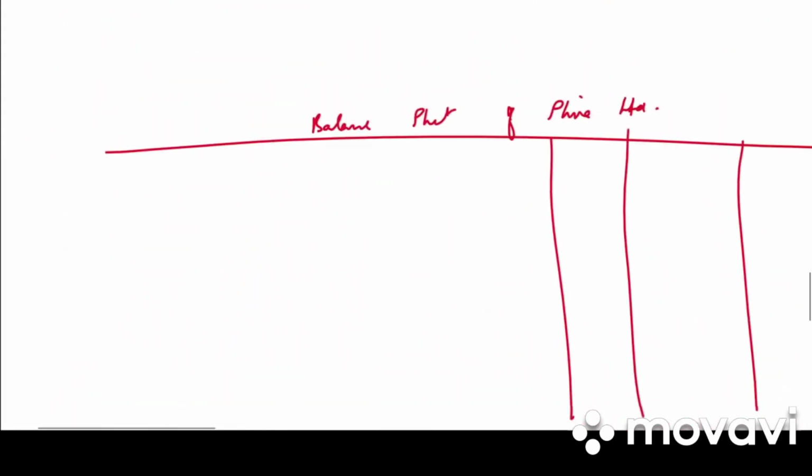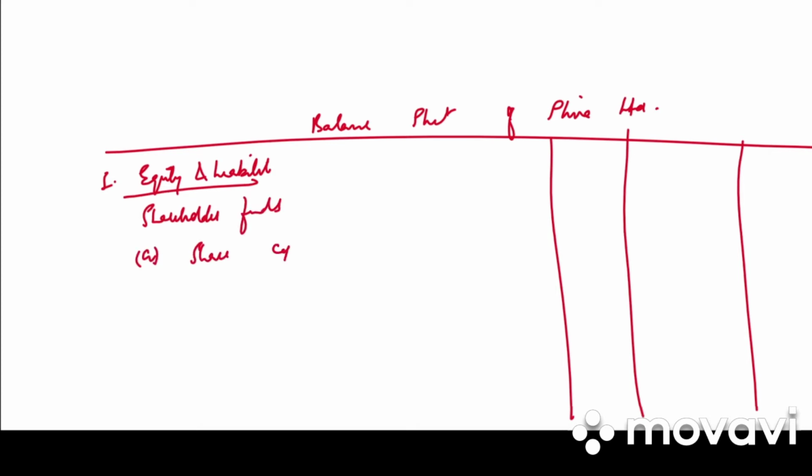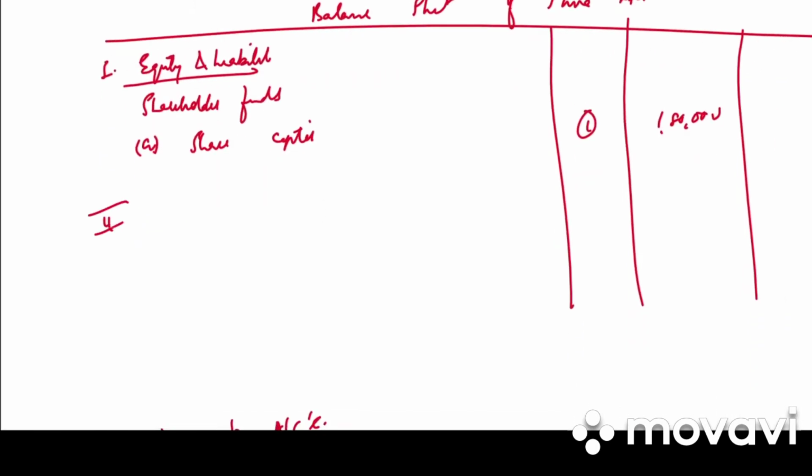Next go to the balance sheet. First we have equity and liabilities. Under that, shareholders' funds. First one we have share capital. How much is the share capital? Note number 1, 1,80,000.